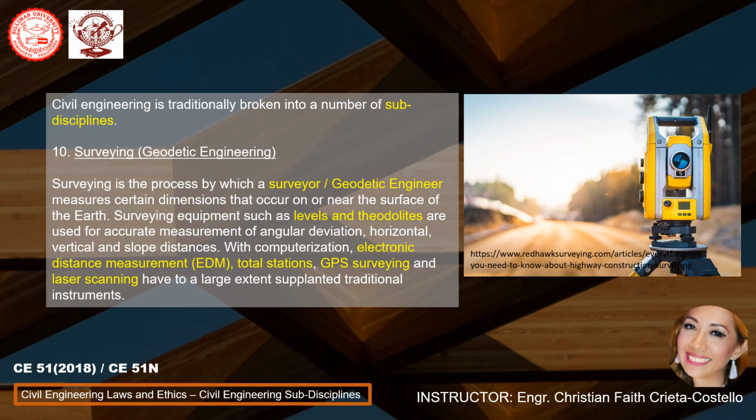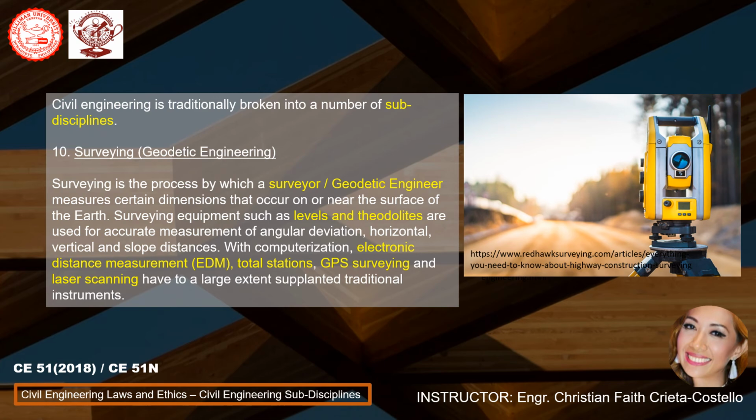As with surveying, or what is also termed as geodetic engineering, it is a process by which the surveyor or geodetic engineer measures certain dimensions that occur on or near the surface of the earth. Surveying equipment such as levels and theodolites are used for accurate measurement of angular deviation, horizontal, vertical, and slope distances.